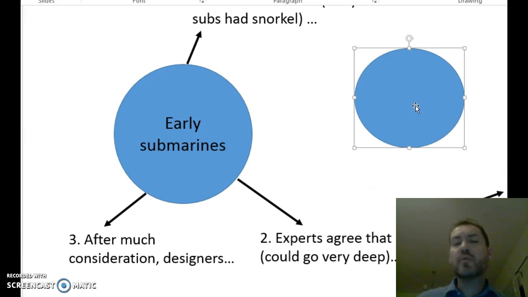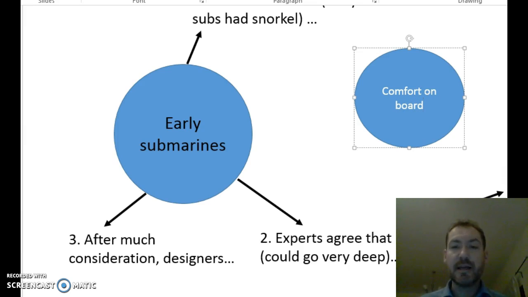Because modern day submarines, if they're going to stay below the water, below the waves for a long time, the crew need to feel comfortable. So let's have a subheading. Let's have our subheading comfort on board. Okay, so there's my subheading.